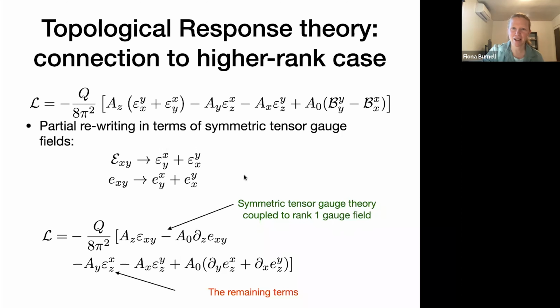I'm going to call epsilon_XY analogously this symmetric combination here. And now I can rewrite my action, and here I have this first line, A_Z epsilon_XY minus A_0 d_Z E_XY.